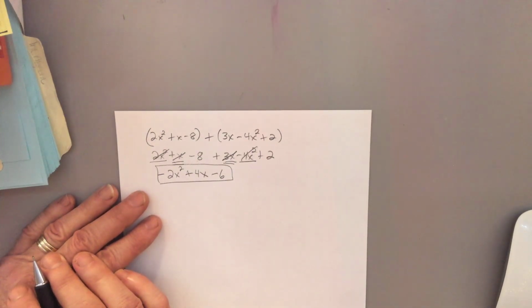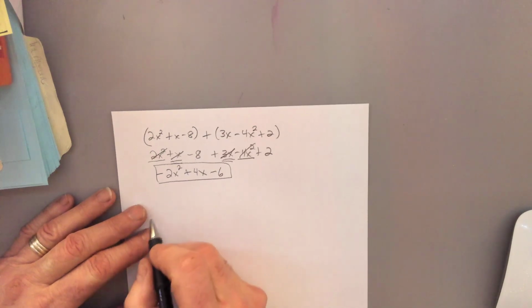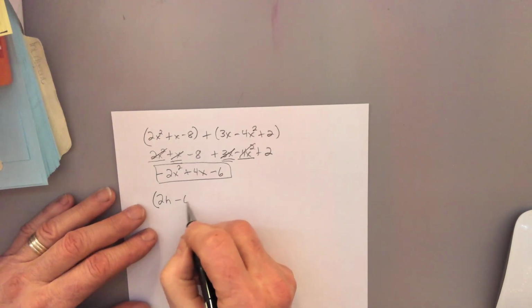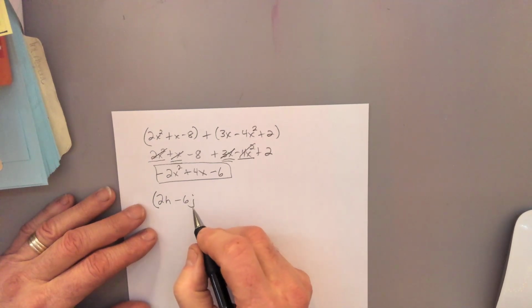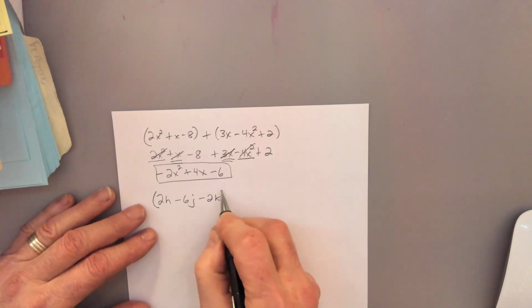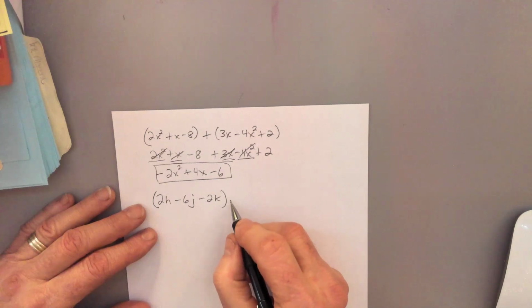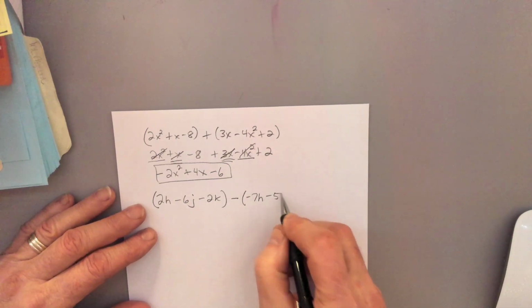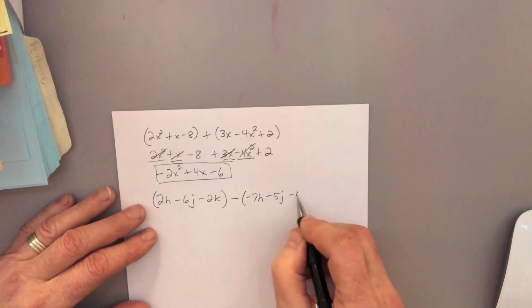Okay, let me do one more example. Let's do 2h minus 6j minus 2k, and then minus a -7h minus 5j minus 4k.